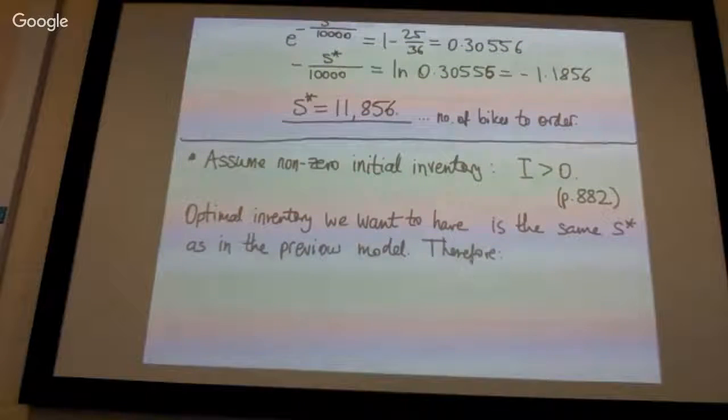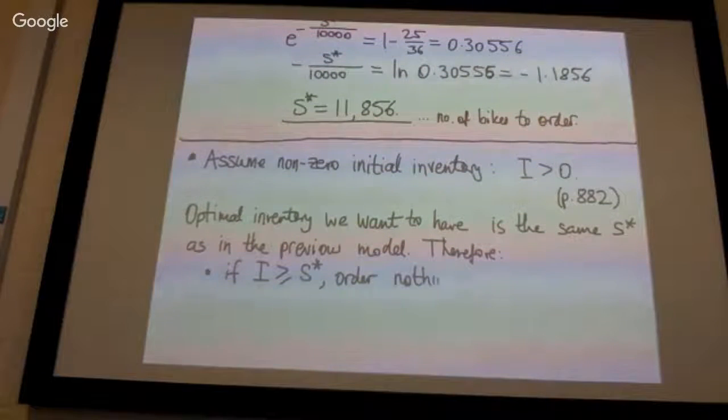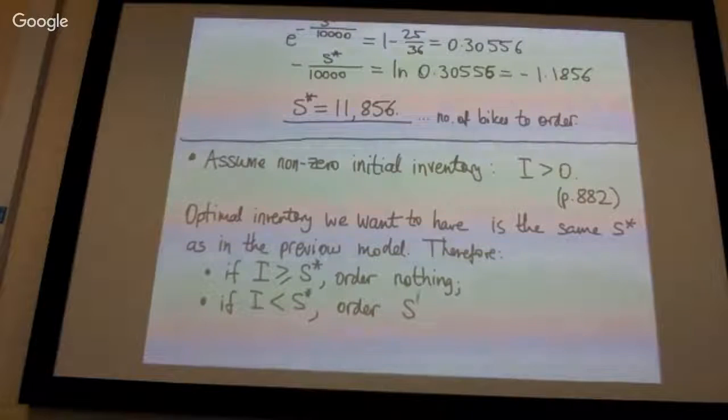What you should do is first, if the inventory you have is already how much you want to have or more, order nothing. And if the inventory you have is less than how much you want to have, then you should order the difference. Okay, simple enough.